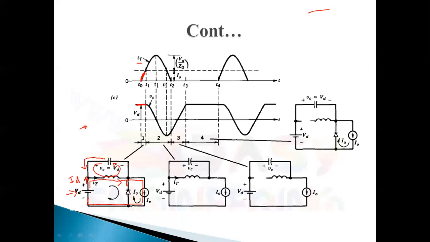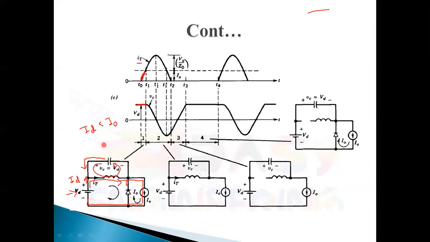If ID is less than I0, then in this condition the diode is on.